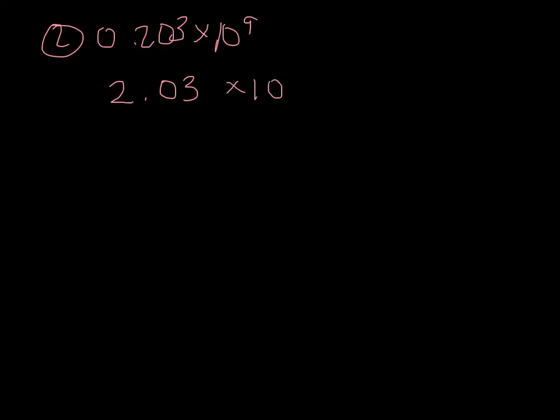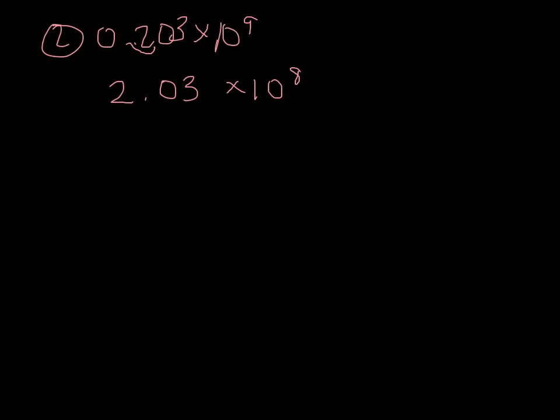Now this is where it gets a little bit tricky. I moved it to the right, so that means I need to put it 10 to the 8th power. I made the original number bigger, so my exponent needs to be smaller. It's kind of like opposites.